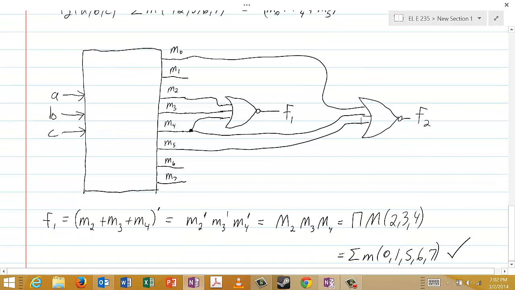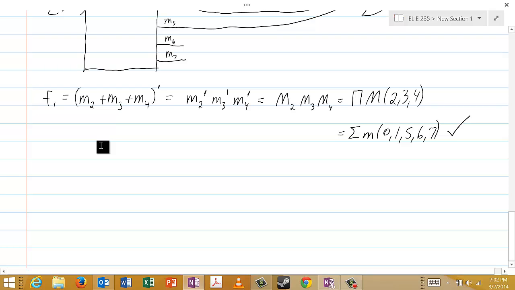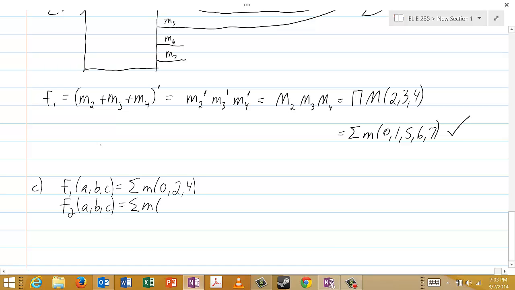Okay, and so now one final example. This one I won't actually complete; I'll just give it to you to think about. In this final example, we have F1 of ABC equal to the sum of the minterms 0, 2, and 4, and F2 of ABC is the sum of the minterms 1, 2, 4, 5, 7.